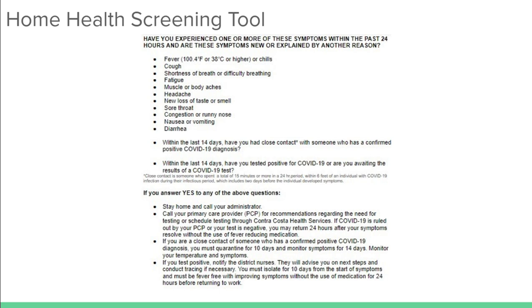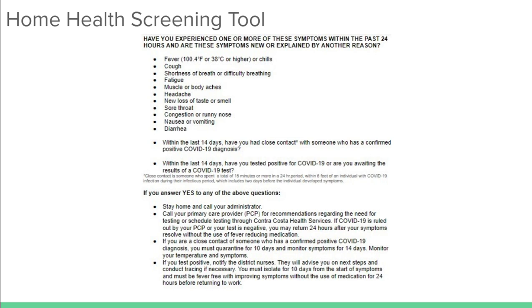So this is what the home health screening tool looks like. It is also available on the Return to Learn 4.0 website. It will ask if your student is experiencing one or more of these symptoms within the past 24 hours, and if these symptoms are new or unexplained by any other reason. So a fever of 100.4 or above, cough, shortness of breath or difficulty breathing, fatigue, muscle or body aches, headache, new loss of taste or smell, sore throat, congestion or runny nose, nausea or vomiting, or diarrhea.